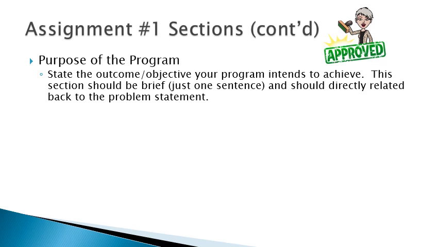So you got a level 1 header, which is the problem analysis, a level 1 header, which is the program information, a level 1 header, purpose of the program, but in this section it's only going to be one sentence. Okay, let me say that again. This section will only be one sentence. So in real life we would not write it this way, but I want you to go back to that flow chart we've covered for the past couple of weeks where we've got the problem, the program.